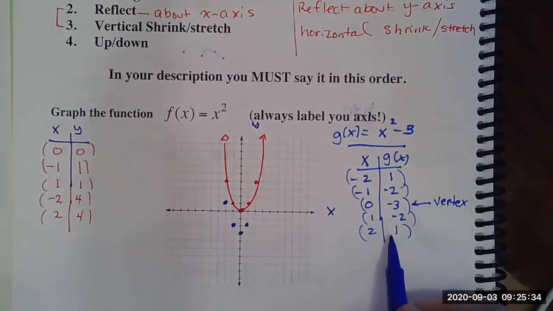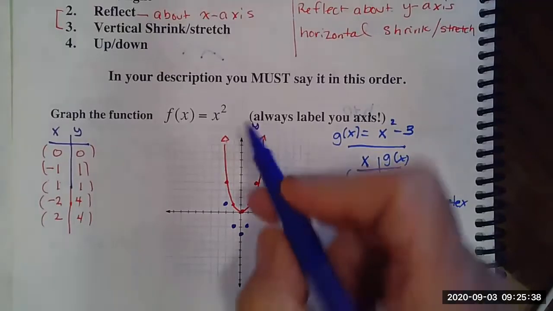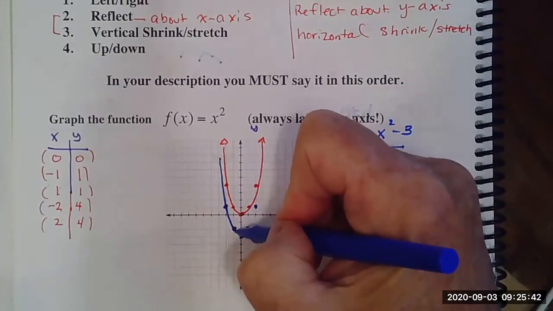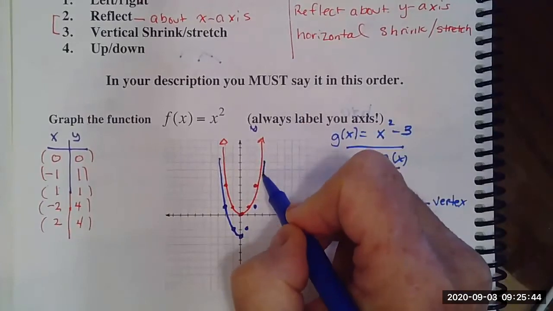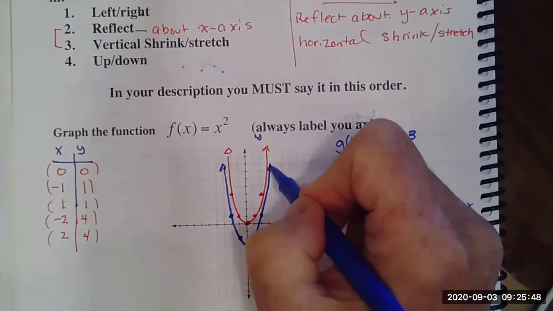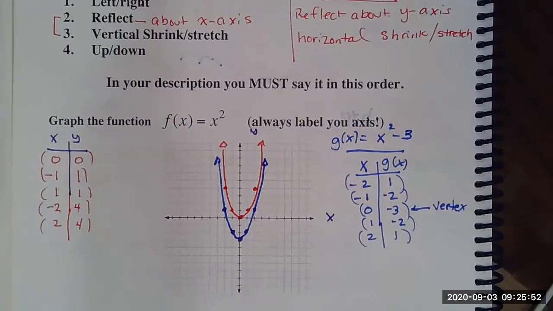And then you connect the dots and you go like this. And for the homework, that's what you would do, and you'd be done and move on to the next problem.